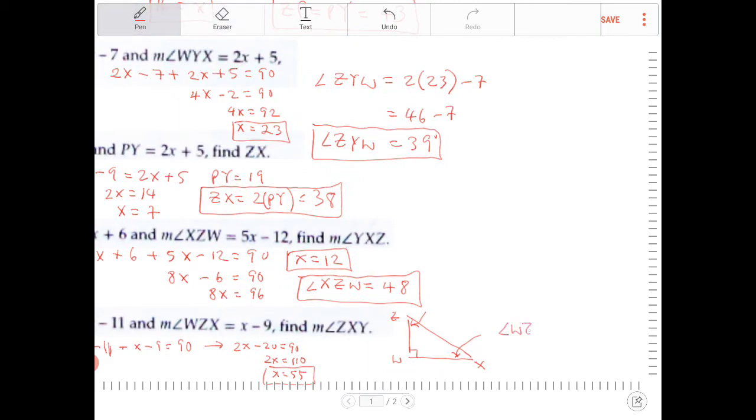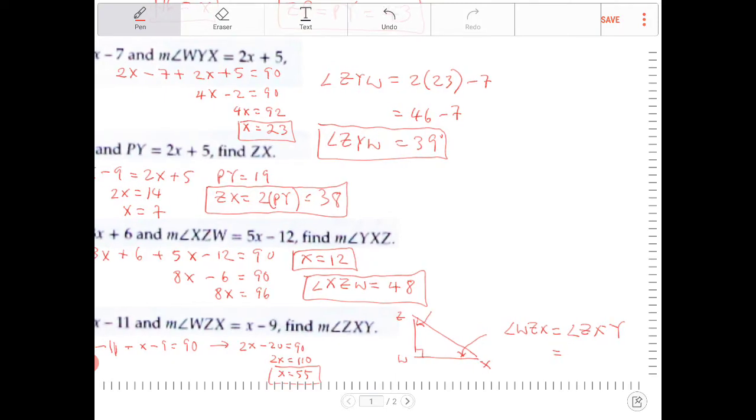So angle WZX is equal to angle ZXY. And WZX, therefore, is equal to 55 minus 9, which is 46. So angle ZXY is equal to 46.